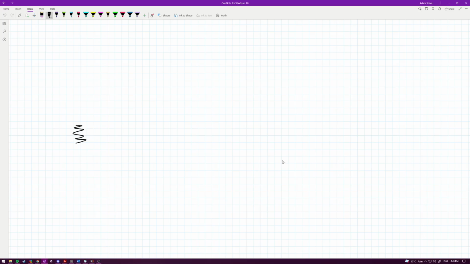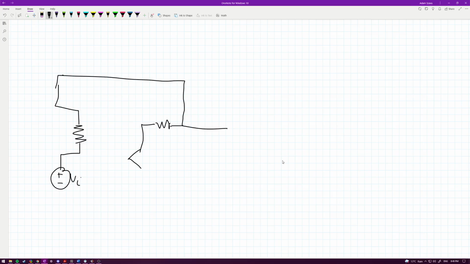So he does this circuit, some resistance there. Very similar circuit. This is VI. And then he does that, and these are both connected to some ground. Okay.